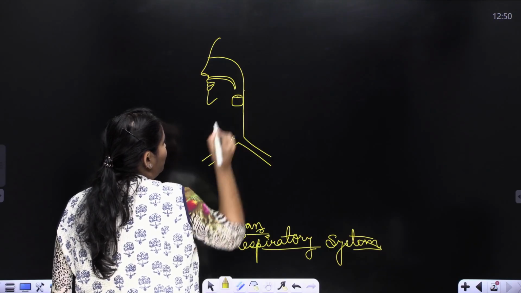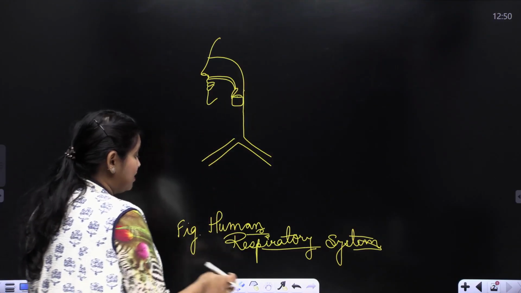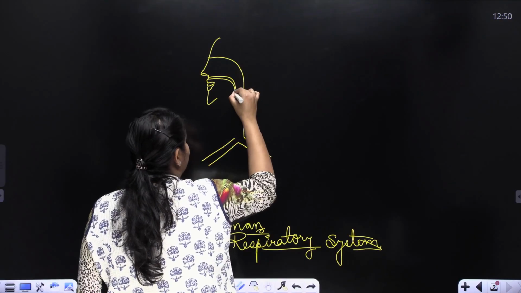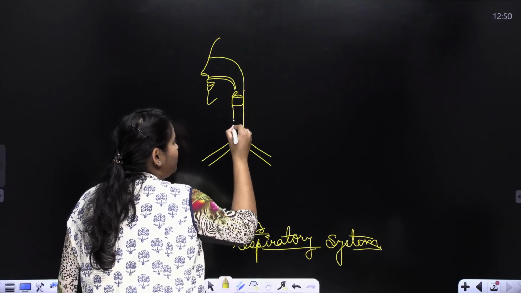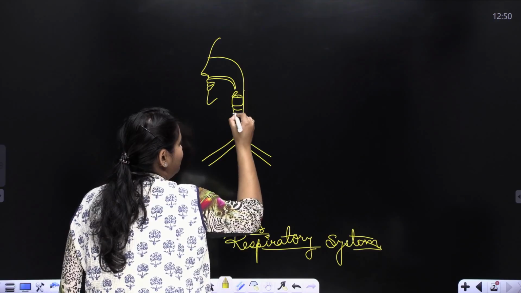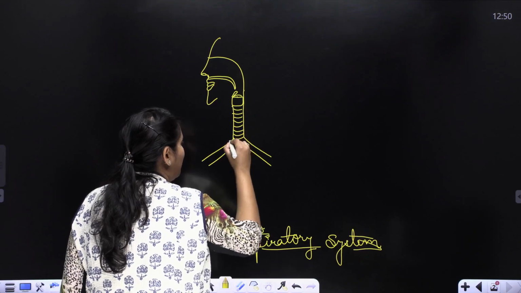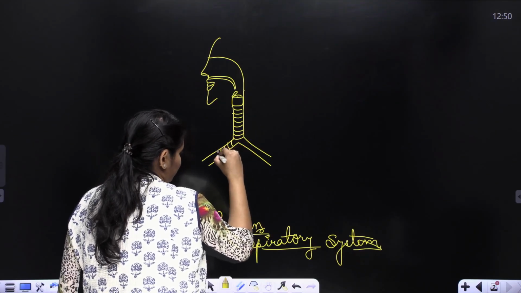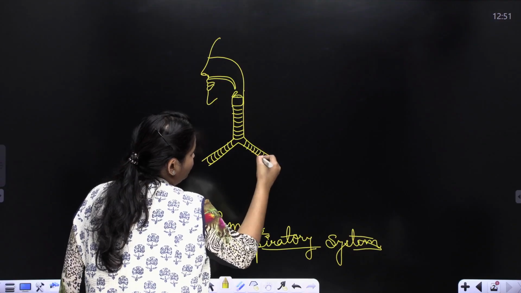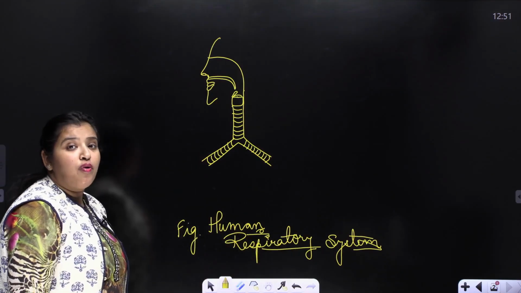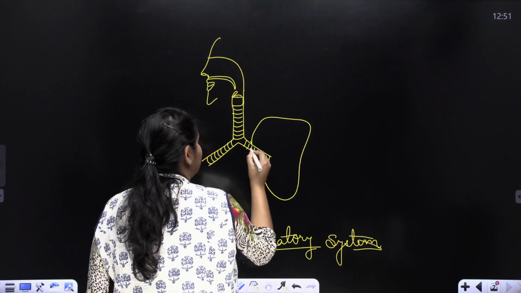It has an opening called the glottis, which is kept covered by a cartilaginous flap known as the epiglottis. I'll mark the labelings also. And this part is the windpipe, the trachea, which has C-shaped or incomplete cartilaginous rings. The trachea divides into two bronchi which enter the lung of their own side.